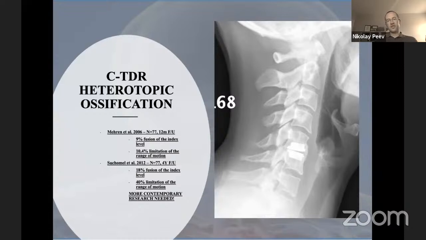Heterotopic ossification, as I mentioned, is a problem that you have to be mindful about. You can see, as per this publication, the heterotopic ossification varies from 9% up to 18%.